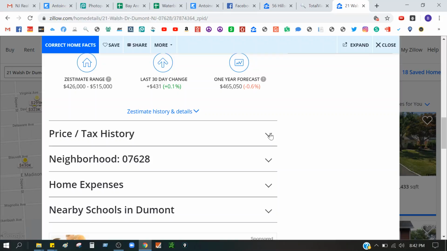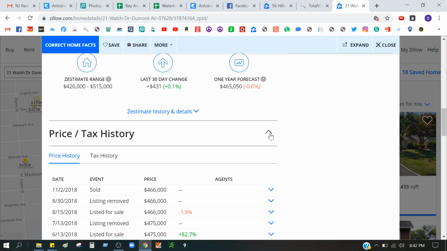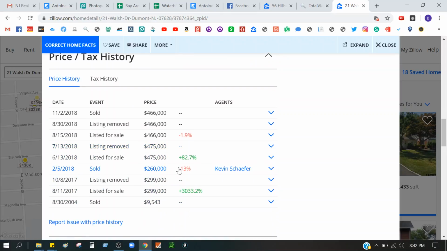Look, I'm going to click this button and then I'm going to show you the price history. But I actually sold this property to this guy for $275. Check this out. Bam. Look. $260. You see that? $260.